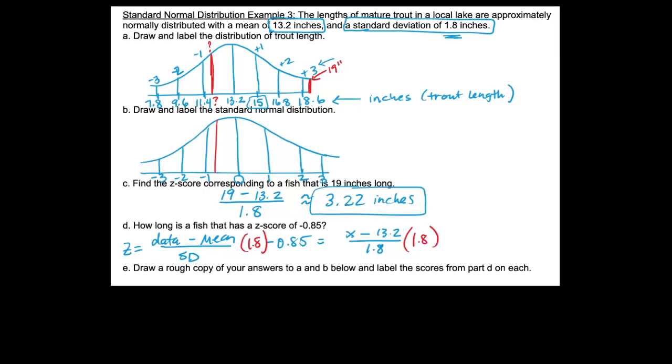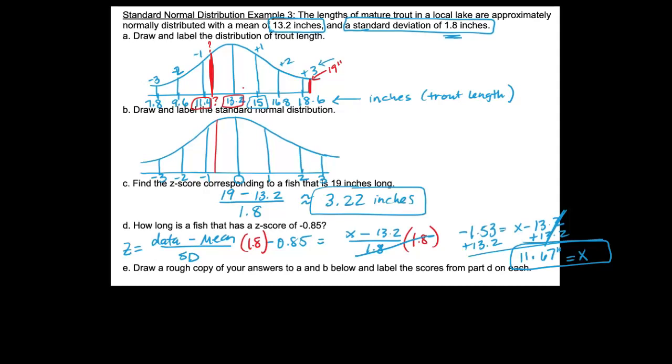Okay, and then when I do that, the 1.8's cancel on the right hand side, and on the left hand side I get -1.53 equals x minus 13.2, and then I'm going to add 13.2 to both sides, and so that goes away on the right hand side, and so then I end up getting x equals 11.67 inches. And so if I look at my graph, that looks like a reasonable length, since my red line up here is between 11.4 and 13.2.